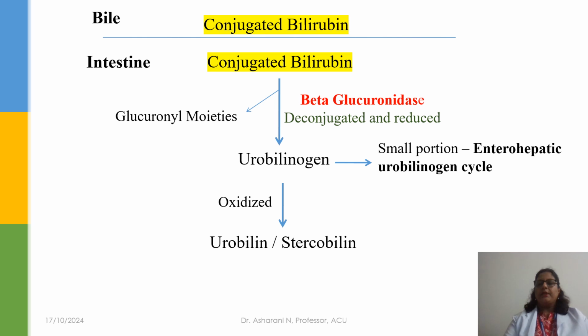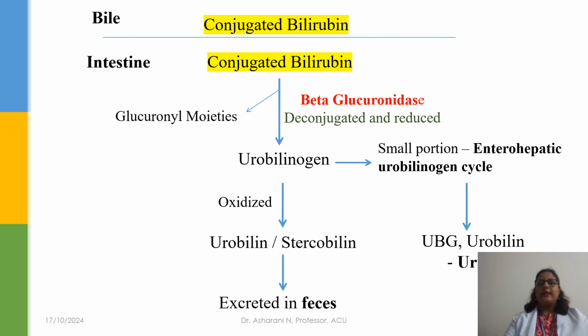Nearly 8 times enterohepatic circulation happens once it is secreted. During this process, a small portion is excreted in urine. The major portion of urobilinogen and stercobilinogen is excreted via feces. That's why these are the ones which give color to the feces and urine.